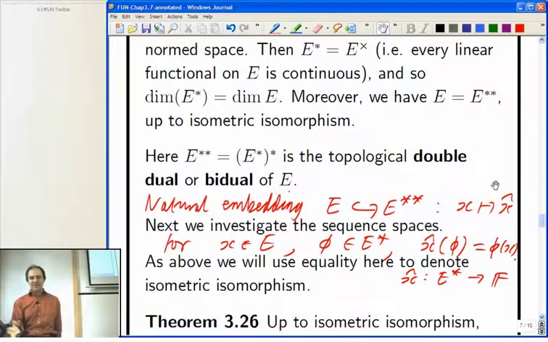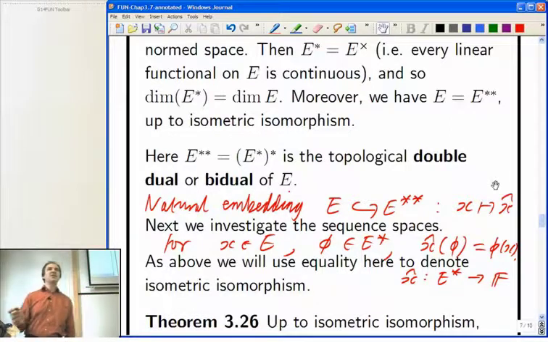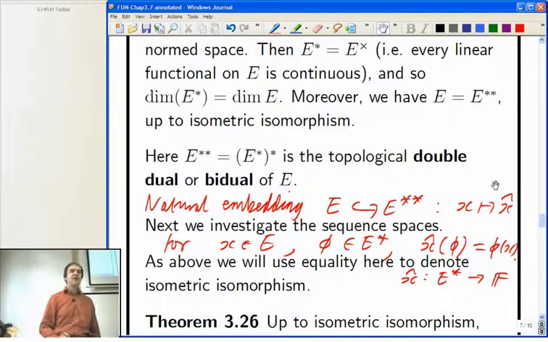And it's easily seen to be a continuous linear functional because actually its norm turns out to be exactly the same as the norm of X, so less than or equal is obvious. When we come back in the next section, we'll see that this is an isometric linear embedding of E into E double dual.